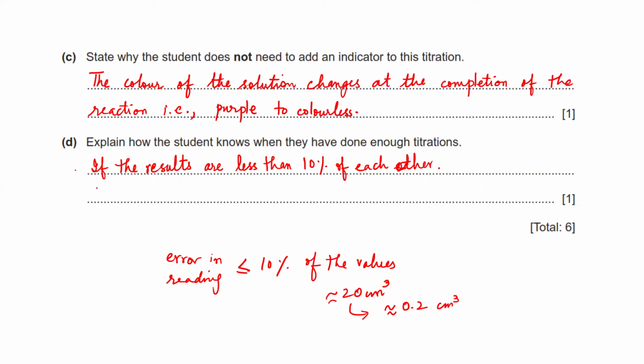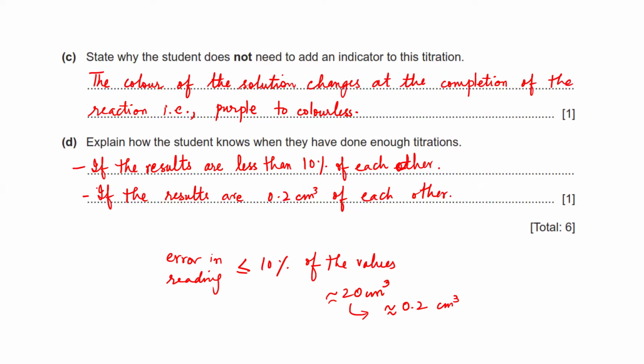Or the other way to write it is, if the results are 0.2 cm³ of each other. So if you are getting these results, then the student will know that they have done enough titrations and their results are within the 10% error or the 10% ballpark of each other.